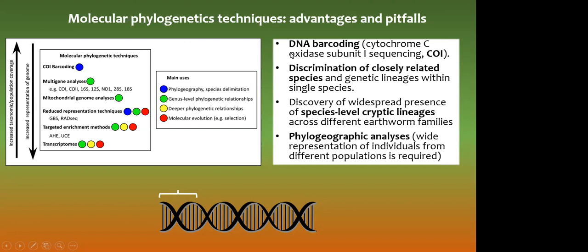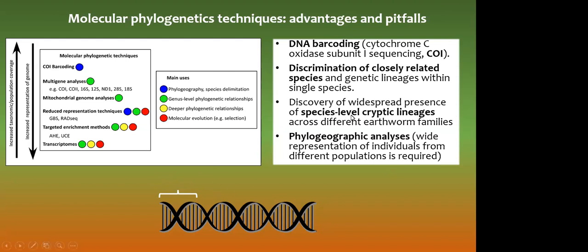One of the first molecular techniques which was applied to earthworms was DNA barcoding, which consists of the sequencing of the cytochrome c oxidase subunit 1 gene. This technique has allowed the discrimination of closely related species and genetic lineages within a single species.